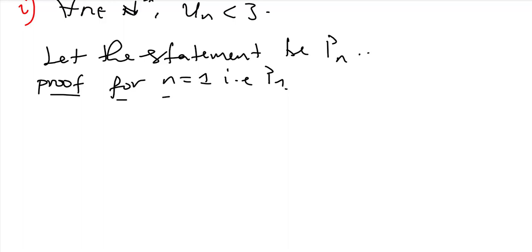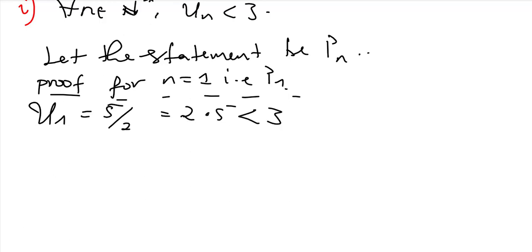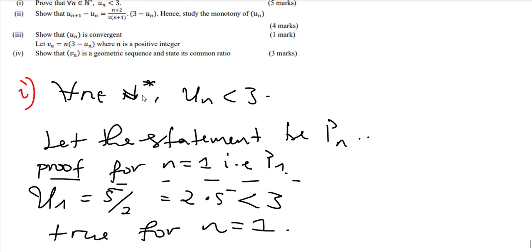At n equal to 1, what do we have? We have u1 is equal to 5/2, which is given, and in decimals this is 2.5, and definitely this is less than 3. So we can say this is true for n equal to 1, which means p1 is true.